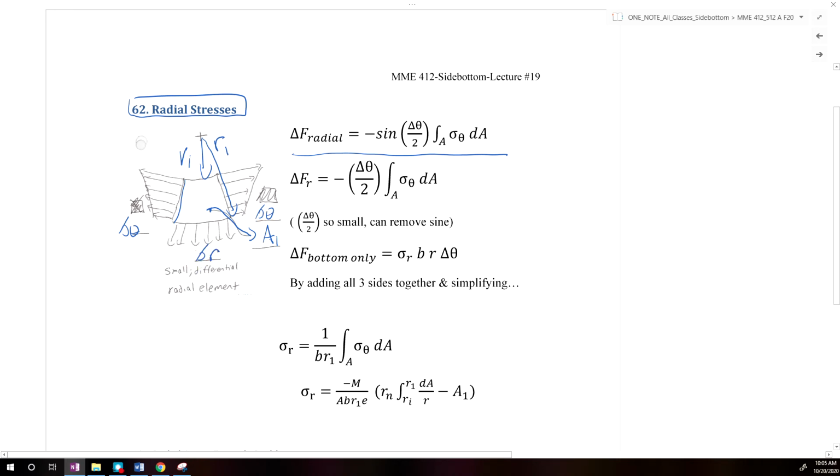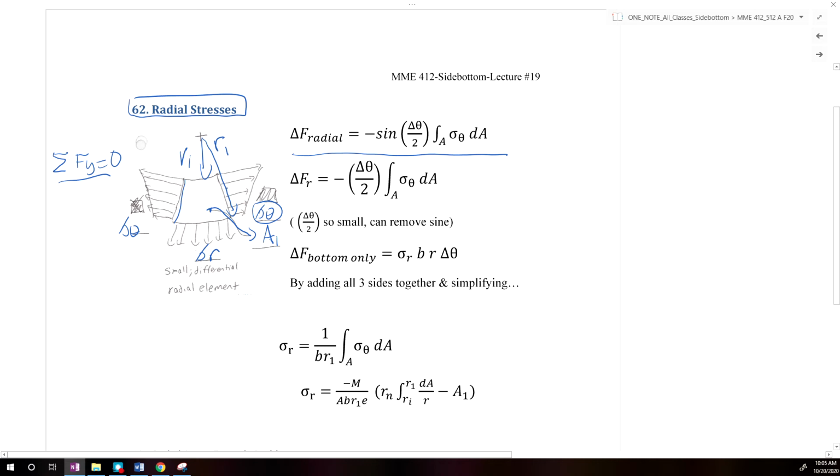So in order to calculate our sigma r, we're going to sum all of our forces in the y direction and set it equal to 0. The first thing we're going to do is determine the portion of sigma theta that is due to our radial stress.